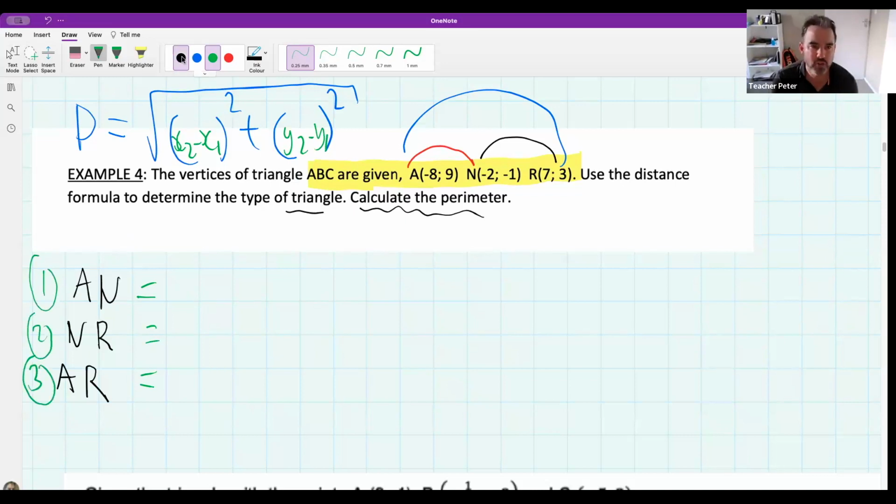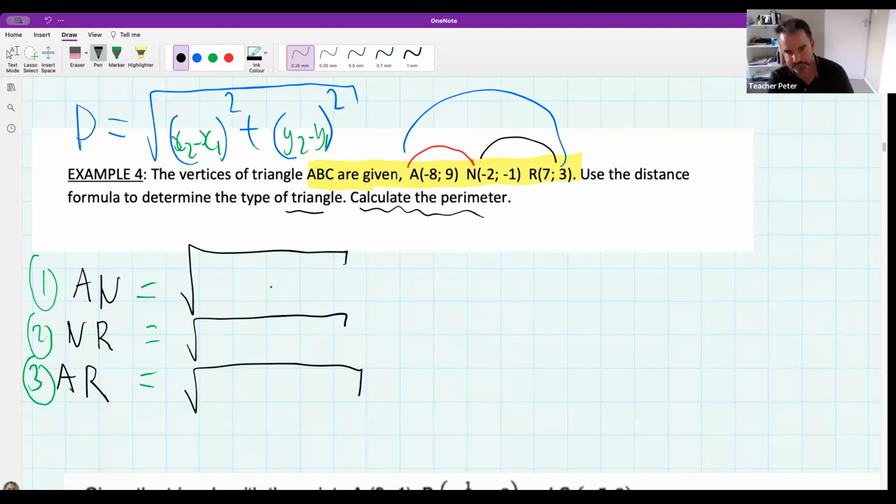And when you've got your answer, I want you to put your answer for 1, for 2, and for 3 in the chat. And all you're doing is you're finding the distance between each of these coordinates. You don't even have to do a drawing, but I'll do one for you as a rough guideline. But I want you to start this. So off you go, and you pop your answers in the chat when you've got them.